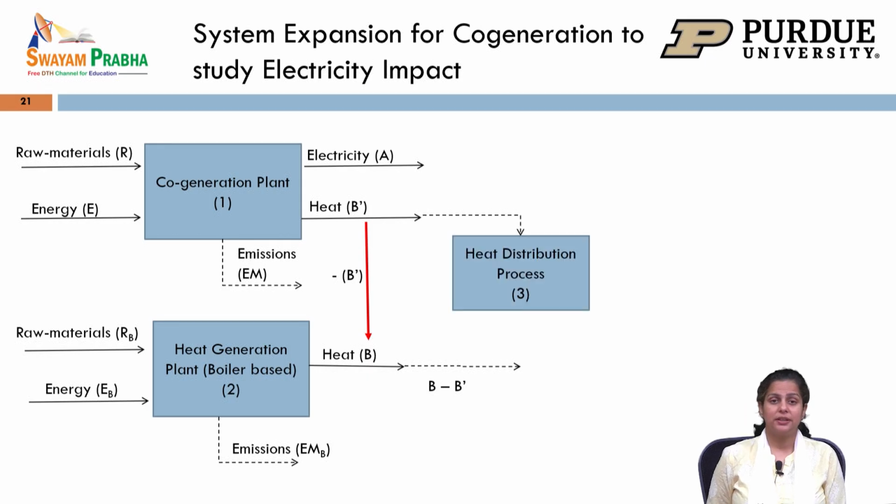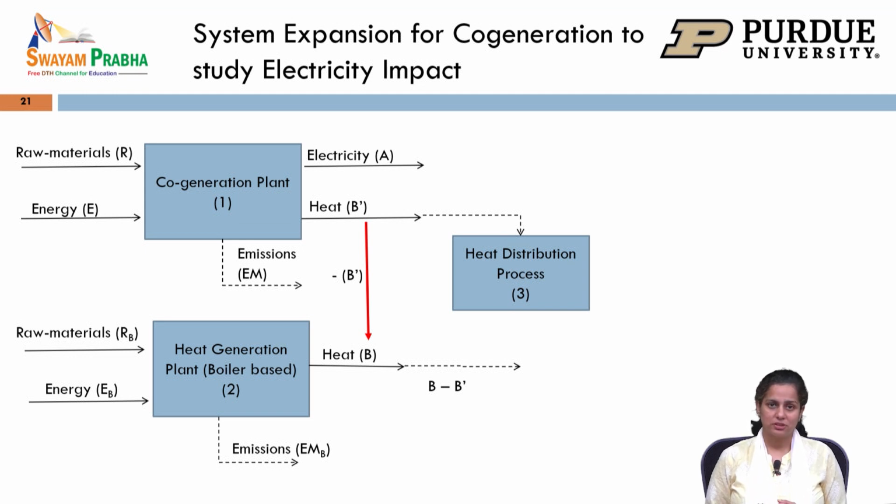However, there is an intermediate process, as we discussed. So, the intermediate process will be the heat distribution process. We are not going to just leave heat out. So, the co-generated heat may be carried as part of water that is being heated and recirculated, or there could be another pipeline that would be used.